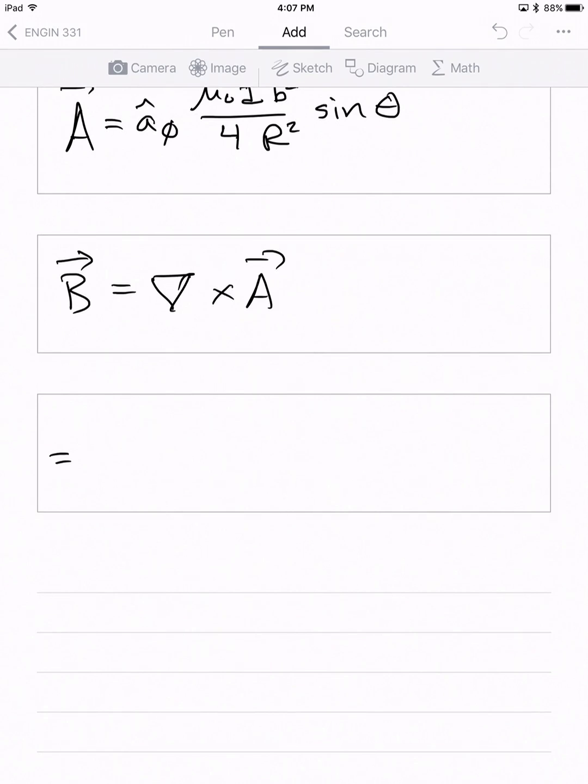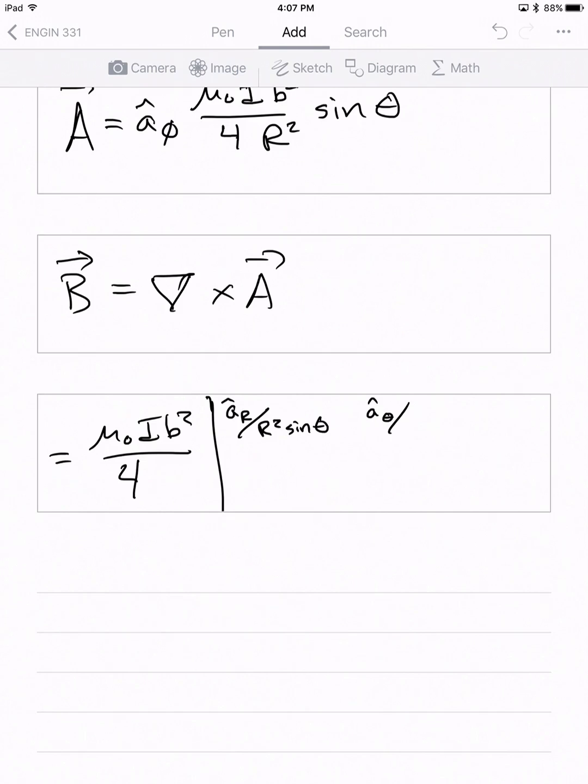So that's going to be equal to all those constants, mu naught I b squared over 4, times, this is a little bit hard to squeeze in this determinant, but I'm going to try: a hat r over r squared sine theta, a hat theta over r sine theta, a hat phi over r, partial partial r, partial partial theta, partial partial phi.